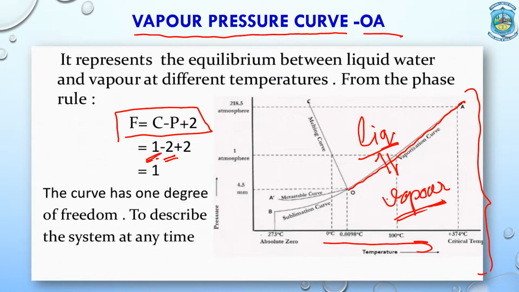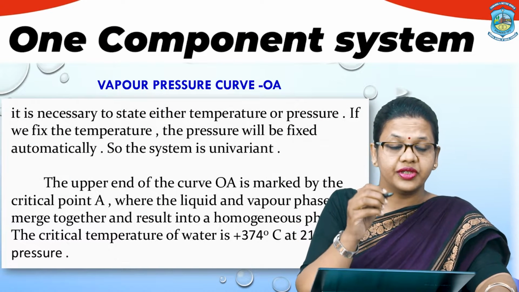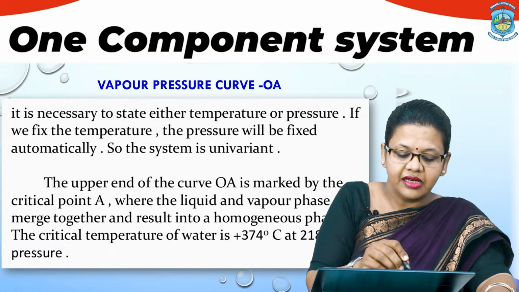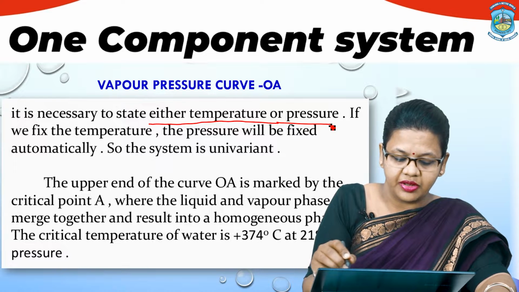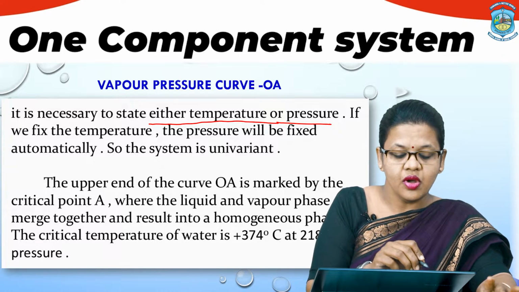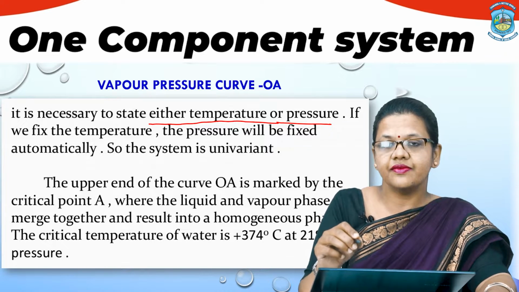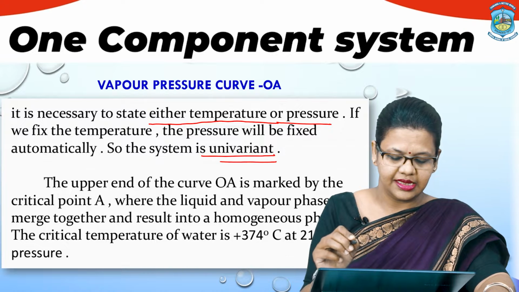Applying the formula, we get the answer 1, which means the degree of freedom for the curve OA is 1. What does this mean? To describe any point on this curve, you need to state either the temperature or the pressure, and if we fix one value, the other is automatically fixed. Therefore, such a system with degree of freedom 1 is known as a univariant system.